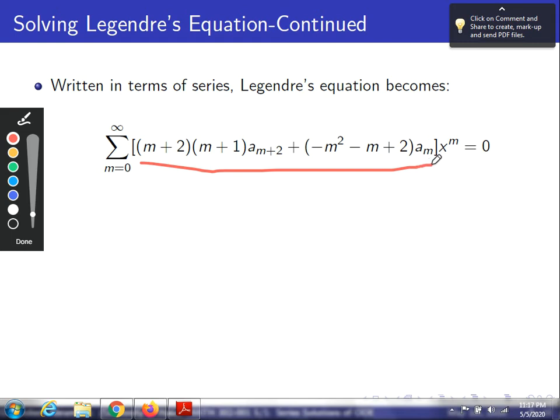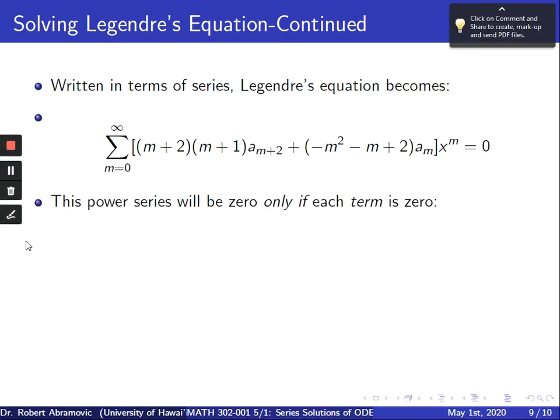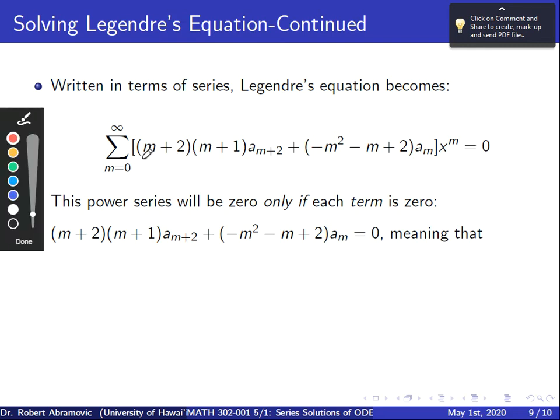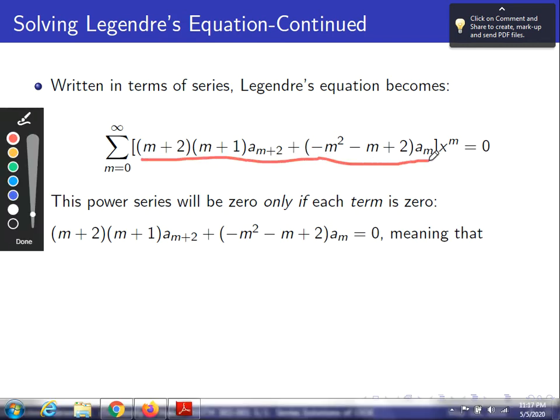In particular, the coefficient of every single x to the n, from m equal to 0 to positive infinity, has to be 0. So it will be 0 only if each term is 0, which means we put each coefficient of x to the n equal to 0.